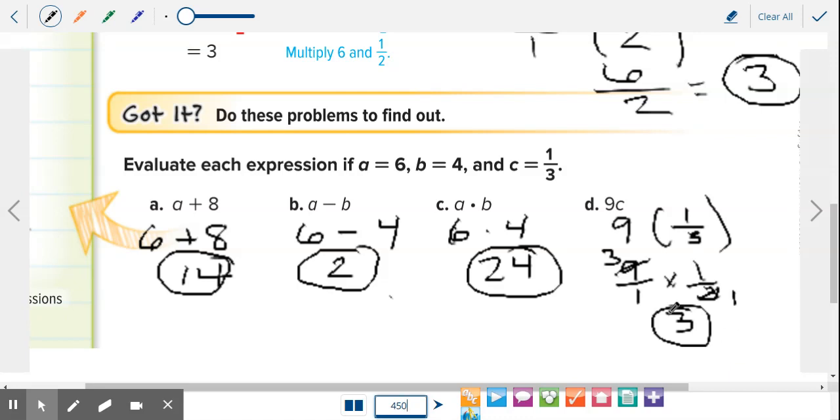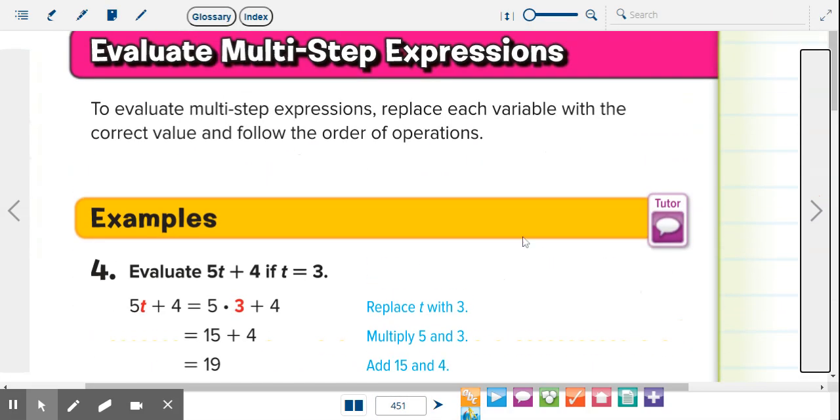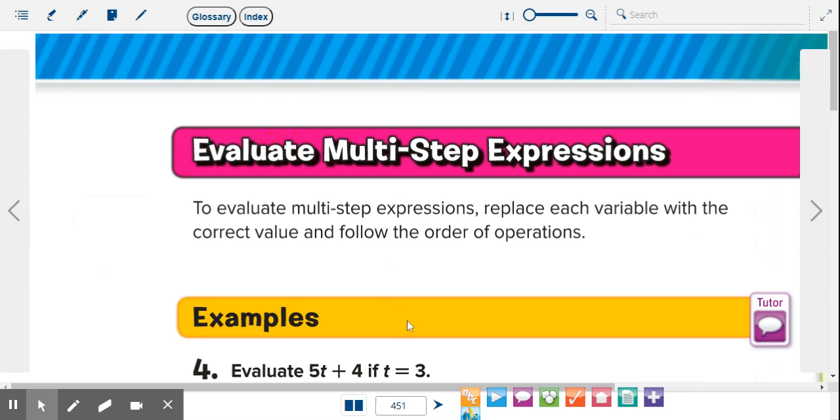All right, so those are one-step expressions. Now, the next step is we're going to walk into evaluating multi-step expressions. So that means there's going to be more than one operation. So you're going to have multiplication and addition, or multiplication and subtraction. That's normally what you get.